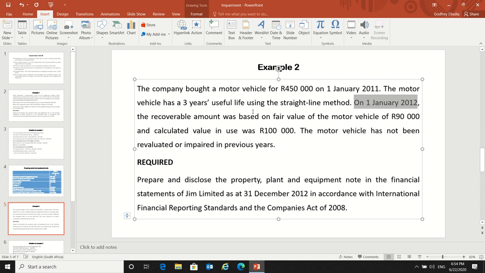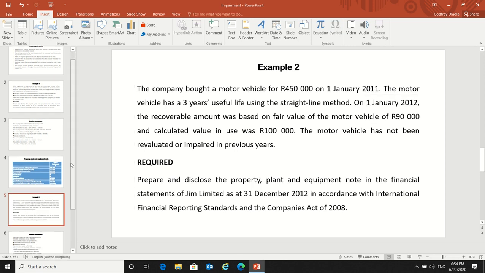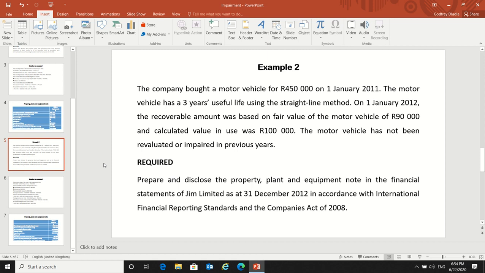Right. The other issues that are written here in terms of the fair value of 90 and 100, it's fine. We know we must take the highest of the two between 90 and 100, and in this case 100 is the highest amount, right? Now let's continue with this exercise. We must calculate the carrying amount of this asset up until that date, and then we take the highest of the two, and we calculate our impairment loss, right?